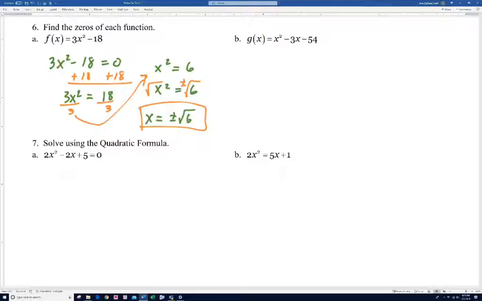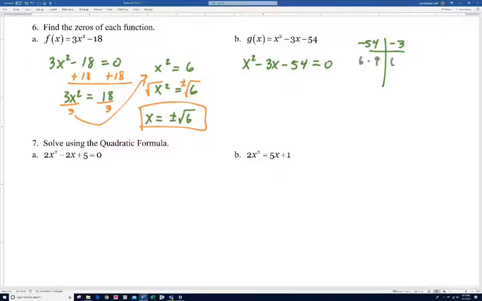On part B, we've got g of x equals x squared minus 3x minus 54. We'll set that equal to 0. And so let's go ahead and factor this using the AC method. If that didn't work, we'd have to use the quadratic formula.